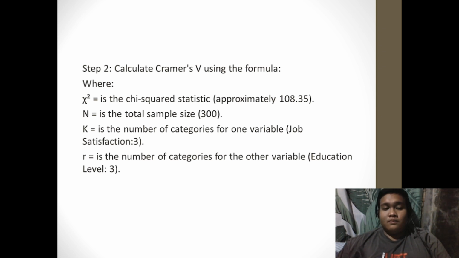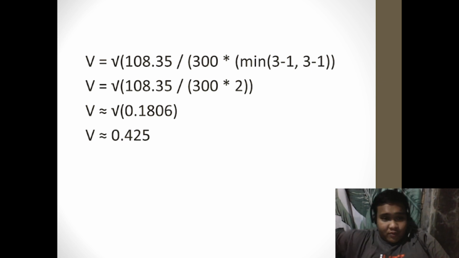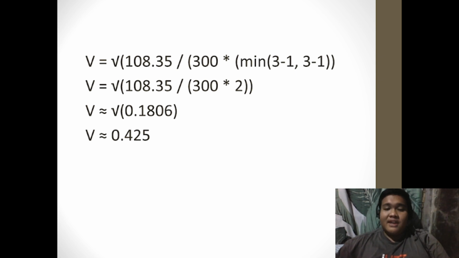So I solve it using the formula. The square root of 108.35 divided by 300 times min of (3 minus 1, 3 minus 1).